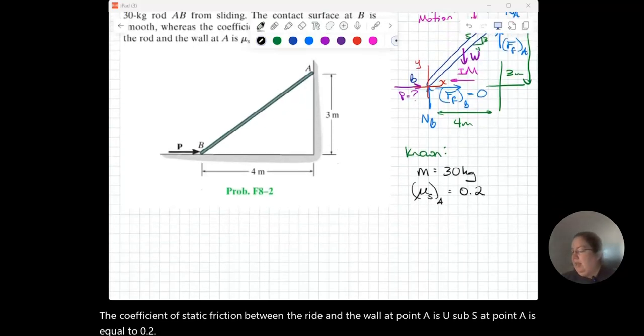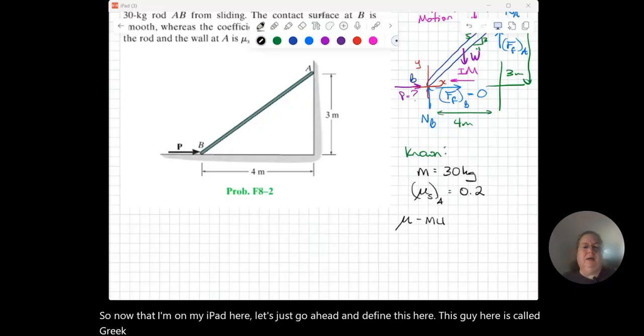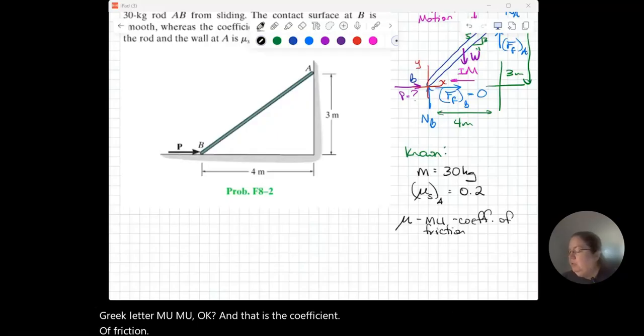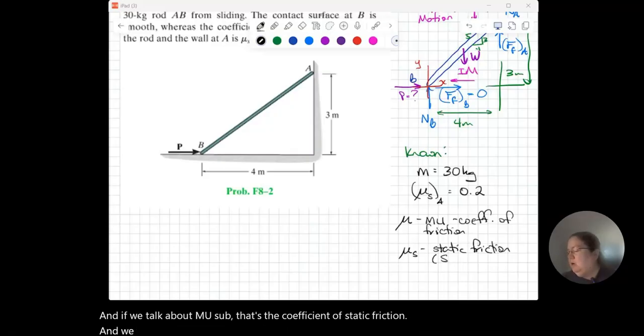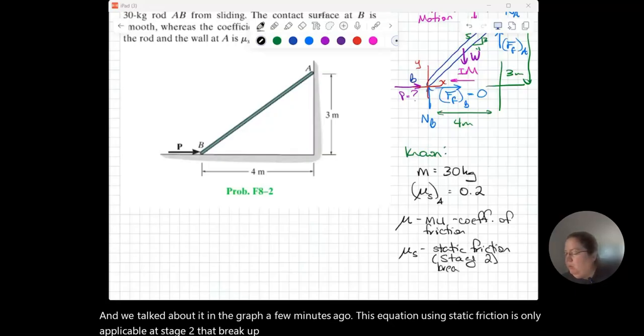So now that I'm on my iPad here, let's go ahead and define this. This is the Greek letter mu, and that is the coefficient of friction. If we talk about mu sub s, that's the coefficient of static friction, and we talked about it in the graph a few minutes ago. This equation using static friction is only applicable at stage 2, the breakaway point.